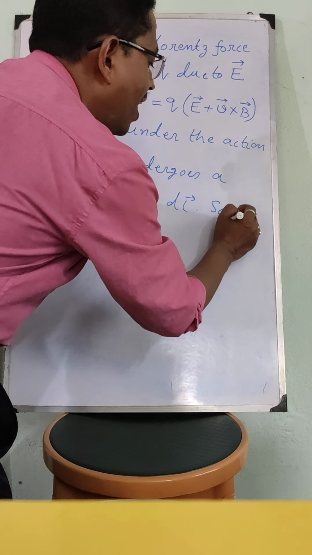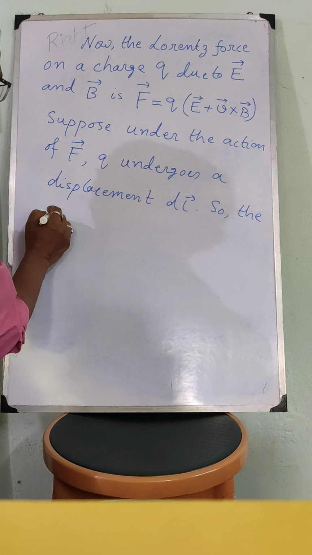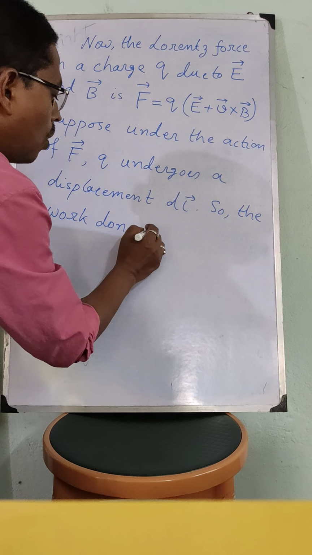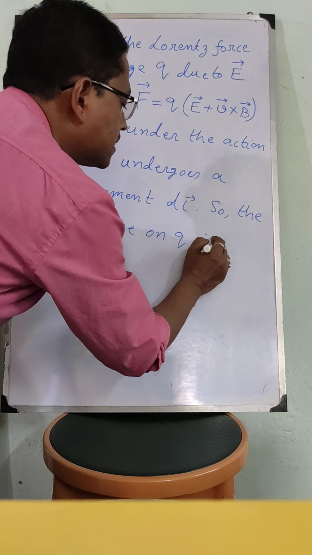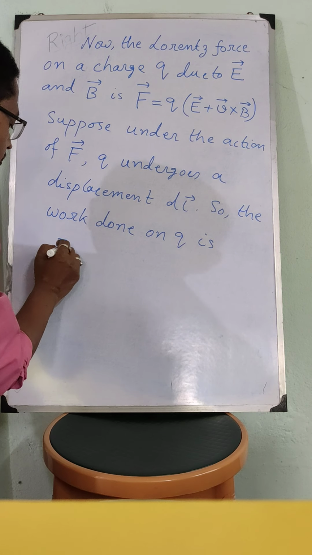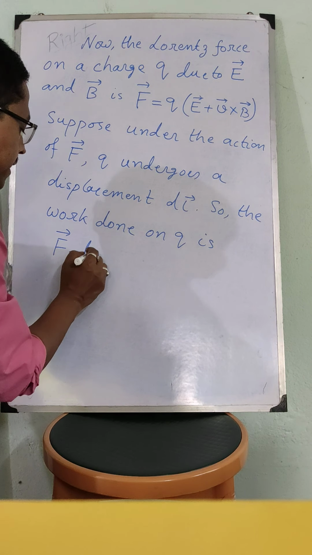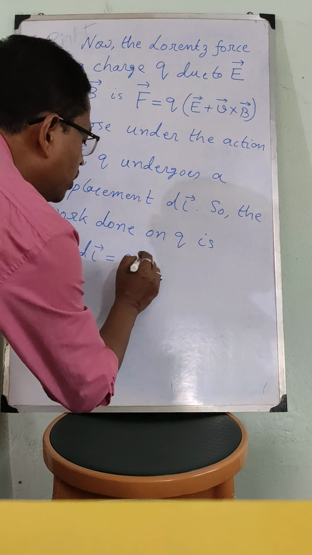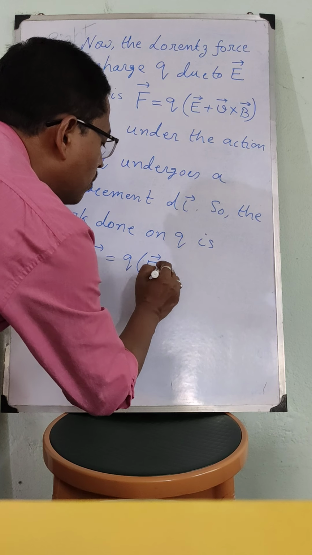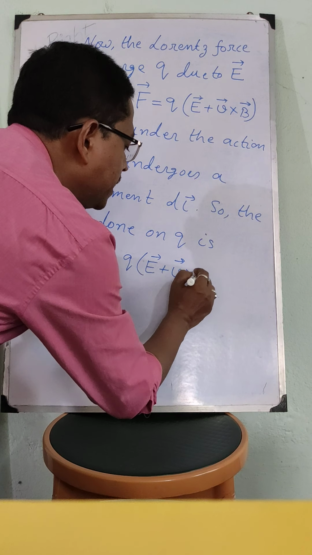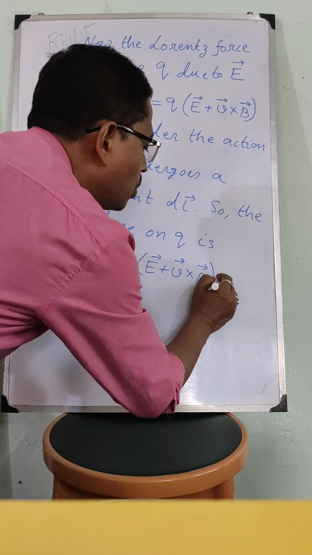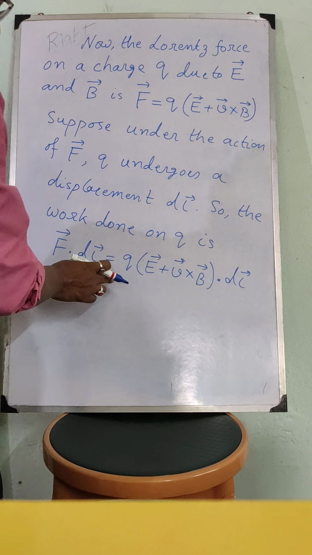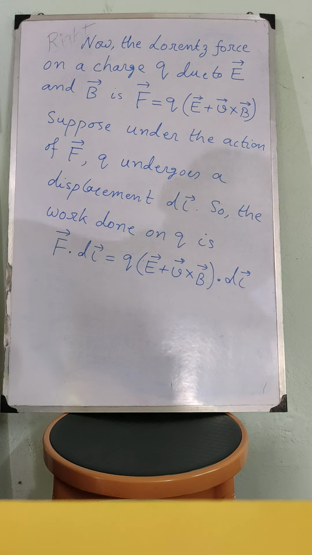So the work done on Q is F dot dl, this we know. So this is equal to Q into E plus V cross B dot dl. So this is the work done on the charge Q by the electromagnetic field.